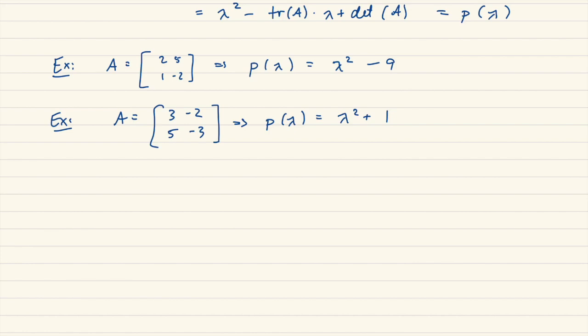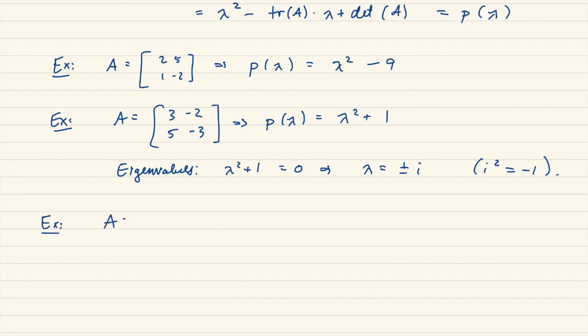And therefore, what are the eigenvalues? The eigenvalues are going to be when lambda squared plus 1 is equal to 0. And therefore, lambda is going to be plus or minus i. Here, i is the complex number, so that when you square it, you get negative 1. So eigenvalues are, in general, going to be complex numbers.